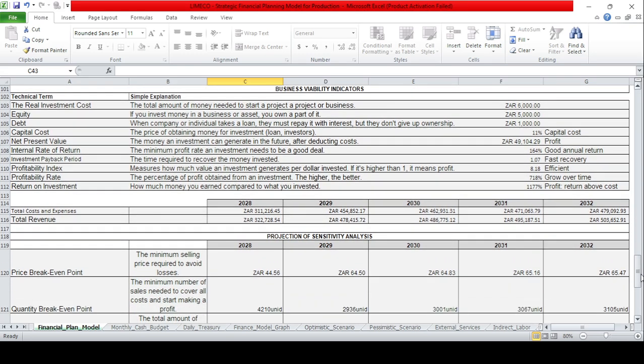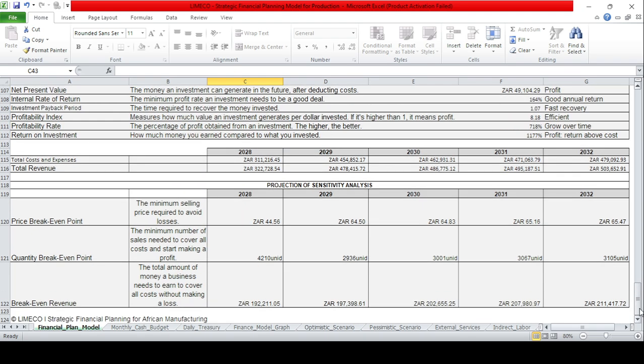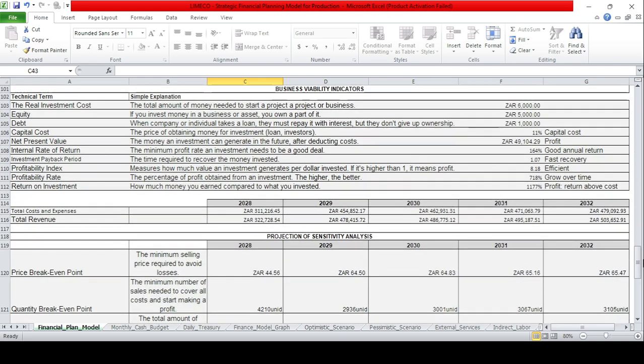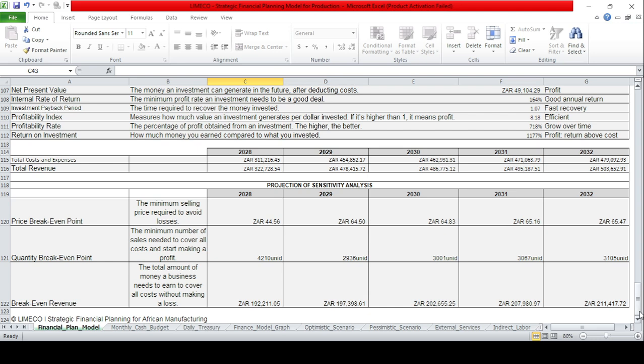Is it still viable? Yes. Very good business. The fry chips business is very profitable. Now we did the financial planning.